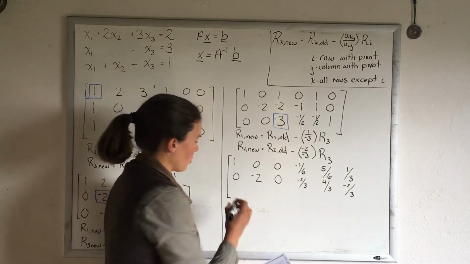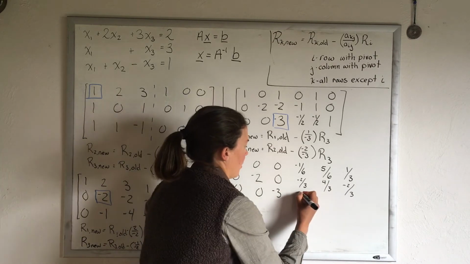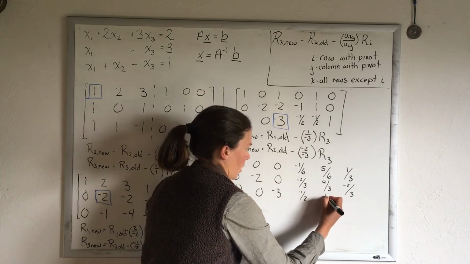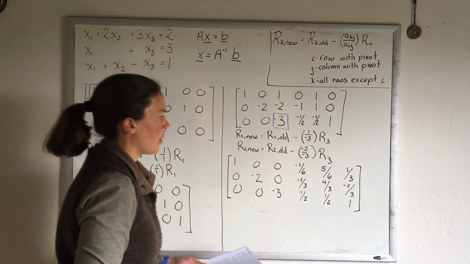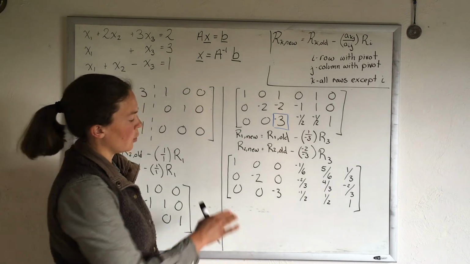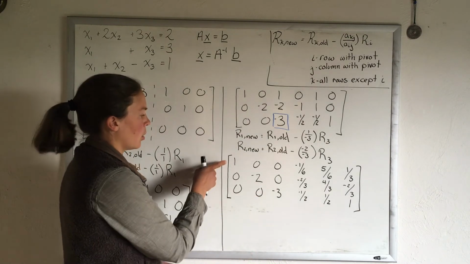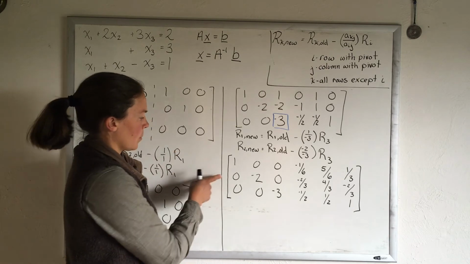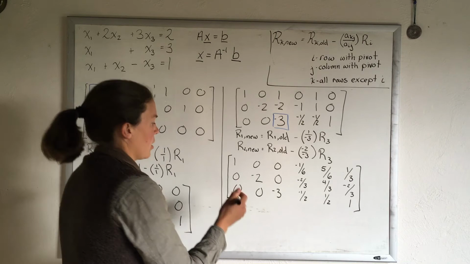And then my last row, I have 0, 0, -3, and then I have -1/2, 1/2, and 1. And then the last step to get to our reduced row echelon form is to divide each row by the leading non-zero entry. So row 1 will divide by 1, row 2 will divide by -2, and row 3 by -3.